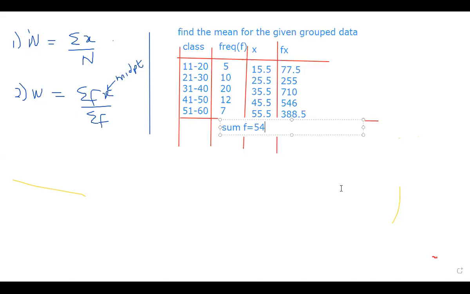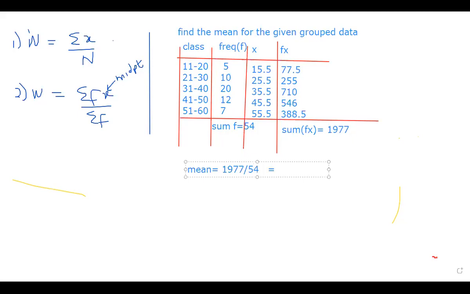So the next step is to find our mean. So our mean is equal to 1977 over 54, and that gives us 36.6111. So that can be approximated to 37, right?